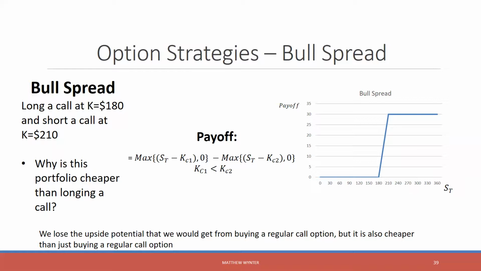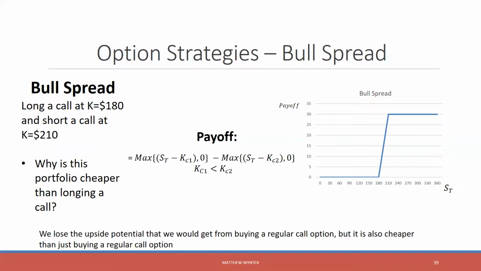Why would this portfolio be cheaper than just longing a call? Intuitively, we're going to earn the premium. So the call that we write, the one with the strike price of 210, is going to have some premium. So we can use that to help fund the call that we bought with the strike price of 180.